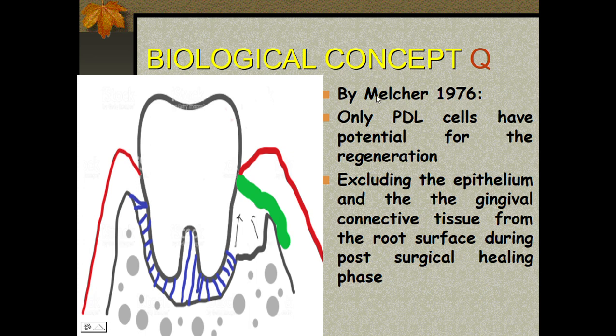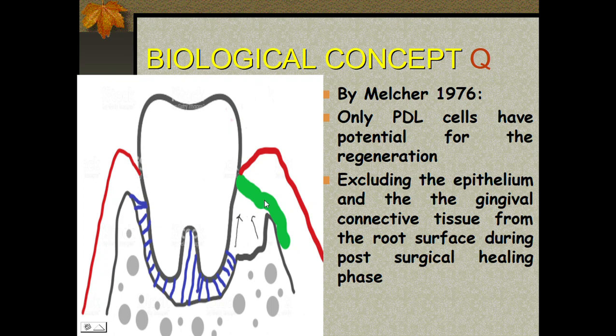The biological concept of guided tissue regeneration was given by Melcher in 1976. According to the hypothesis, only periodontal ligament cells have the potential to regenerate.